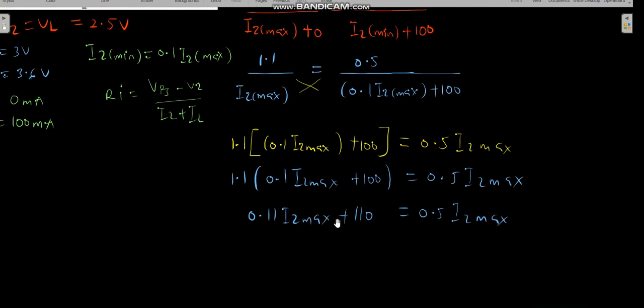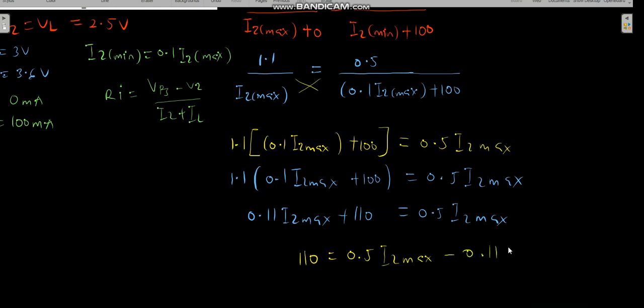From here we want to find Iz max, so let's take this value to the right hand side. This will give me 110 equal to 0.5 Iz max minus 0.11 Iz max.